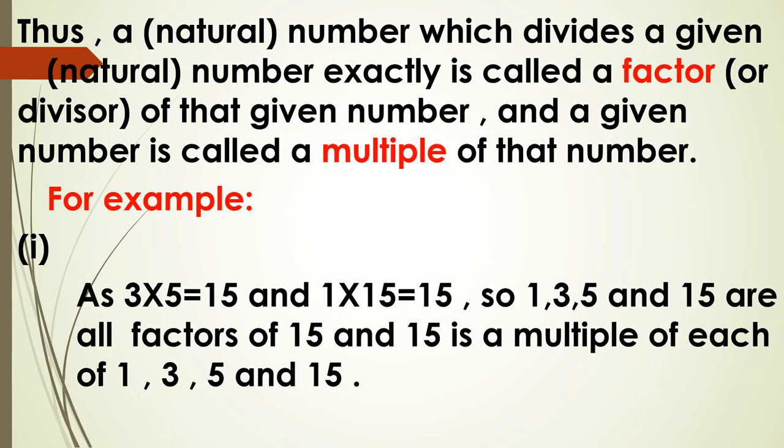And 1 multiplied by 15 is also 15, so 1 and 15 are also the factors of 15. And what is the product here? Product is 15. So 15 is a multiple of 1, 3, 5 and 15. 15 is a multiple of each of the factors.